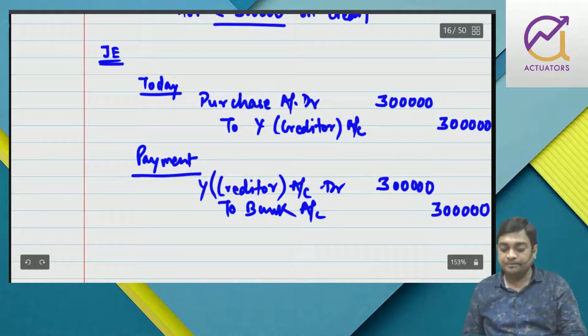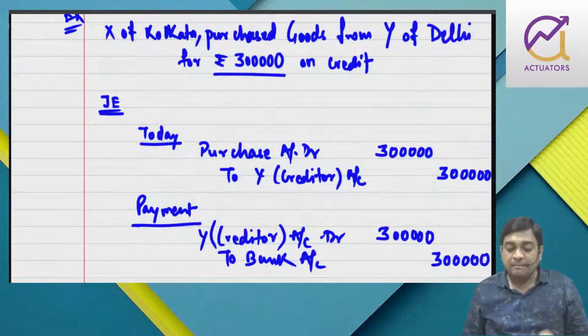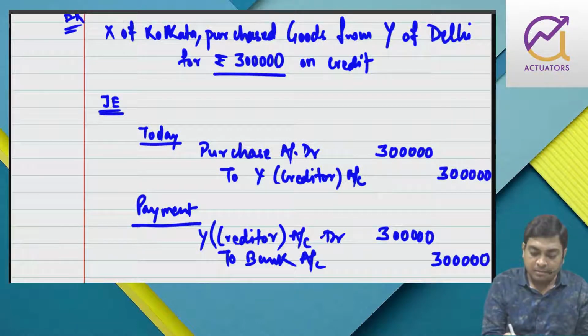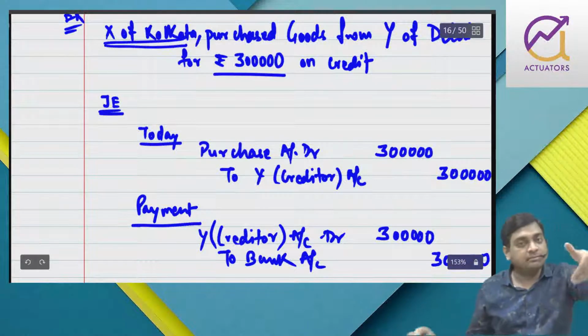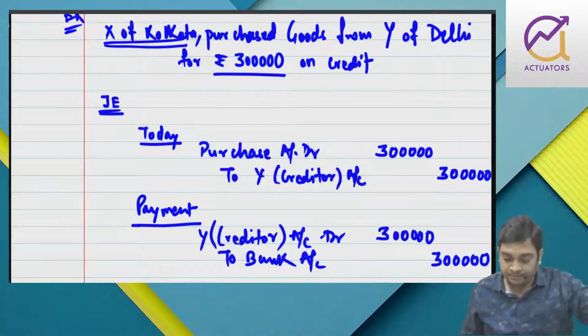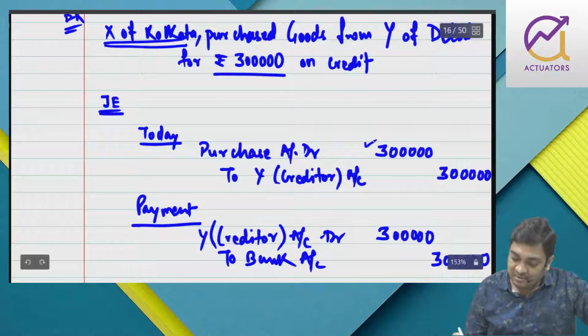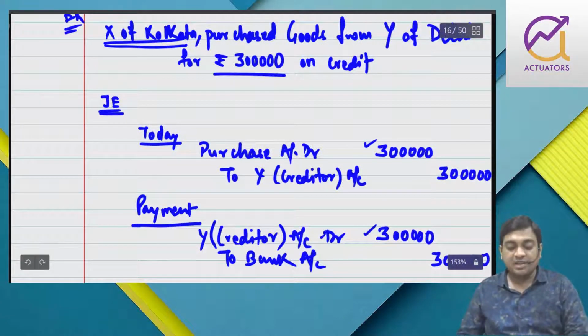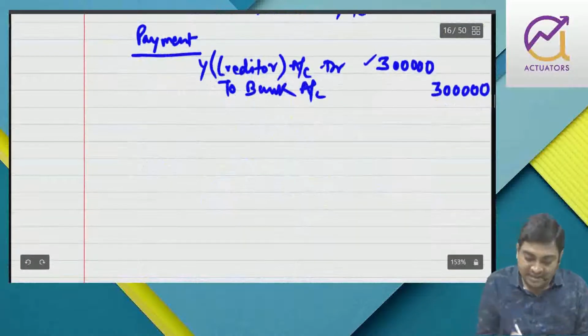There is no problem. I have simply purchased goods. My books of accounts are reported in Indian currency, and I have purchased from an Indian supplier. So 3 lakh goods have been purchased, and after 3 months I have to pay 3 lakh only. Very simple. Now take another example.